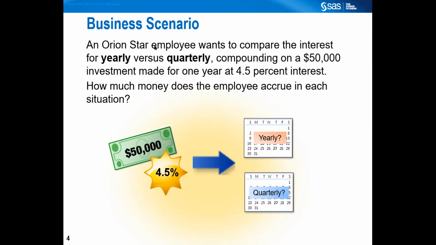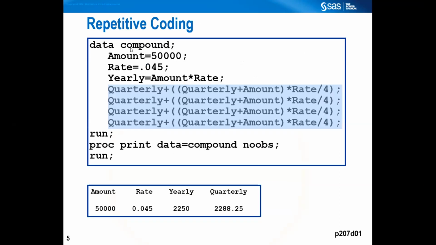So for that, of course, this is the data set. You are telling this is the amount. You're telling this is the rate of interest. And you're telling yearly value is going to be amount into rate. This is fine. But for quarterly, it will be quarterly plus amount into rate divided by 4, because you have 4 quarters.